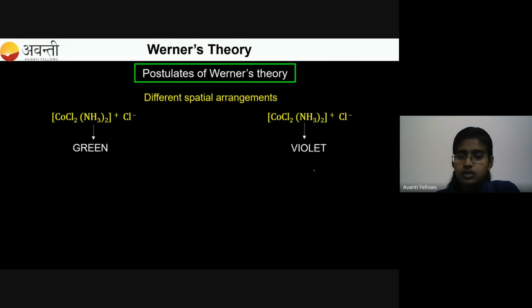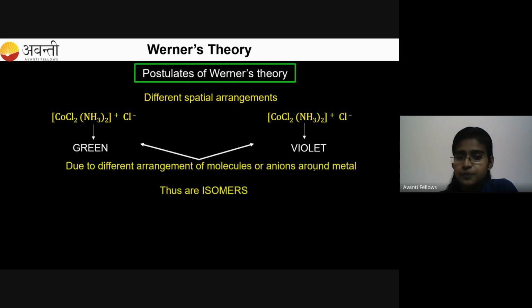Now, the different spatial arrangements which I told you for those last two complexes: the color of the first complex was green and the second was violet. So why are we observing two different colors? Because of the different spatial arrangement of the molecules or the ions around the central metal atom.